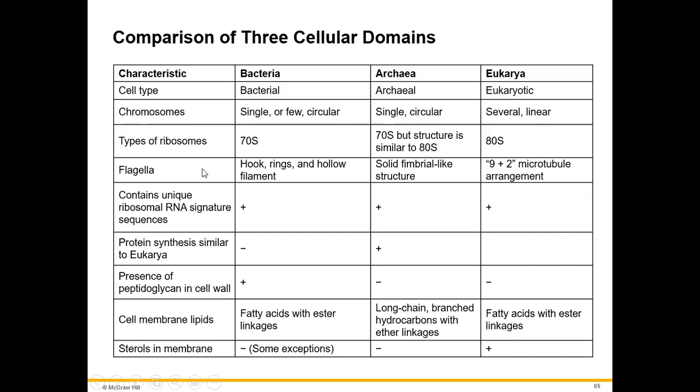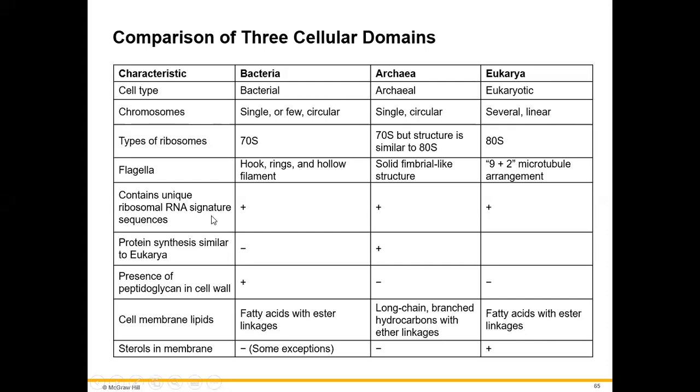Their flagella are different. They have hook rings and a hollow filament. Archaea have a solid fimbrial-like structure. Eukaryotes that have flagella, single-cell protists that have flagella, have what's called a 9-2 microtubular arrangement.